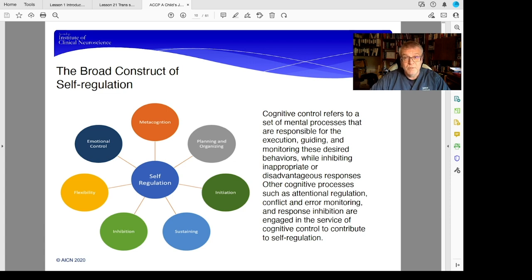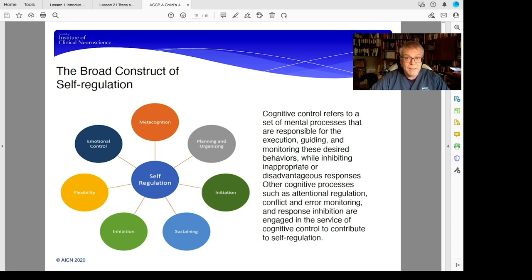That involves emotional control, metacognition, and flexibility, the ability to be flexible in certain situations, inhibition of certain emotions or behaviors, or sustaining certain emotions or behaviors, initiation of action, initiation of behaviors, even initiation of action to respond to certain behaviors. You need to have planning and organization involved.